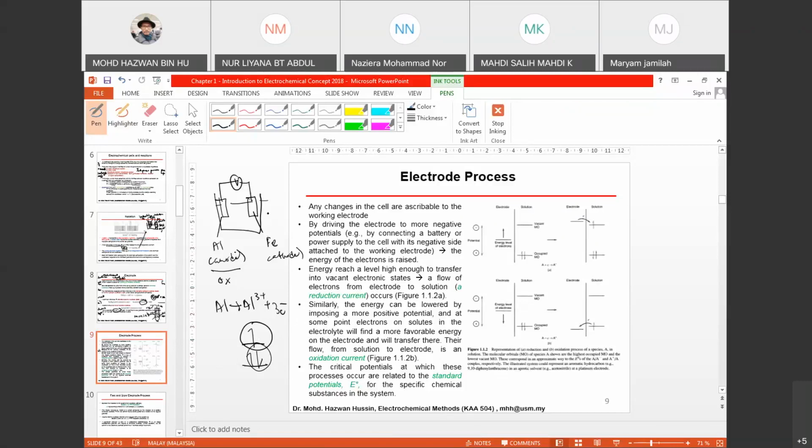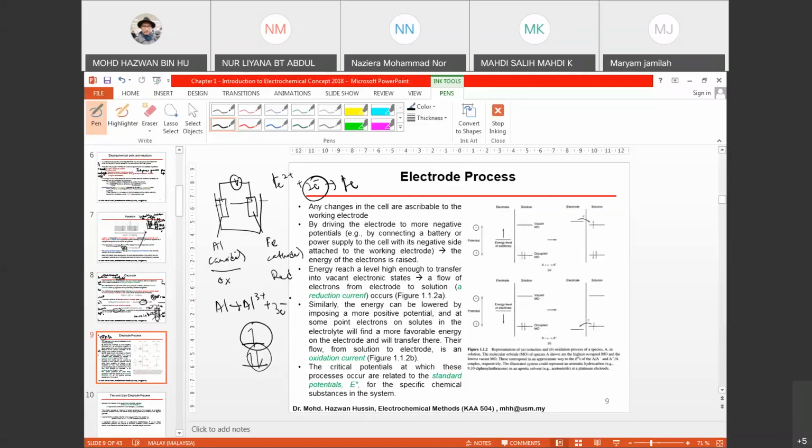And then what about the process that occurs at the cathode? This is where the reduction process occurs. When the reduction process occurs over here, it receives electrons and becomes reduced. Maybe the half equation is Fe2+ plus 2 electrons becomes Fe. So it accepts electrons, the ones produced from aluminium.